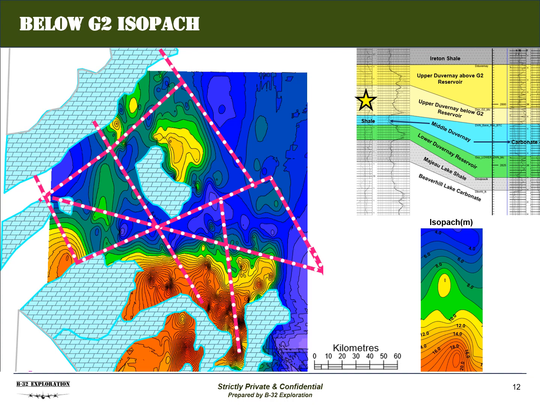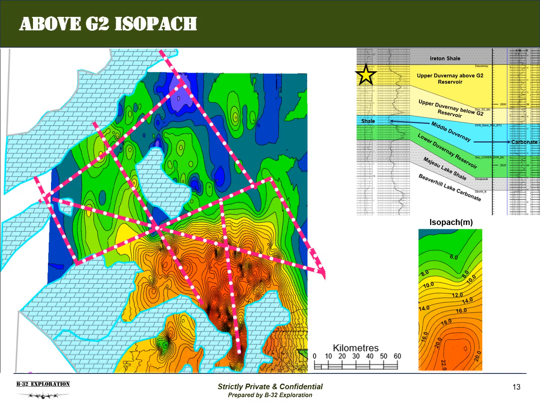And also there's a very significant increase in thickness to the south, as well as a thickness increase to the north, but not to the same extent. And finally, we have the above G2 isopach, again, a greater thickness to the south, but still deposition going on in all the blocks that sit around it.